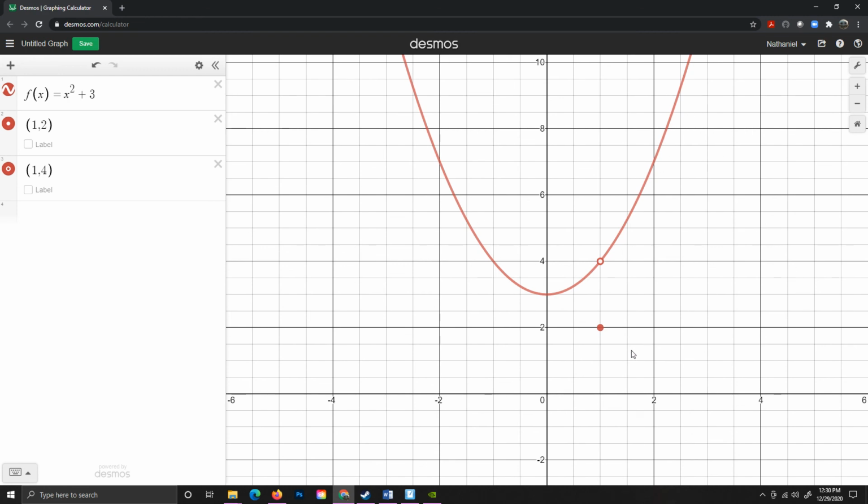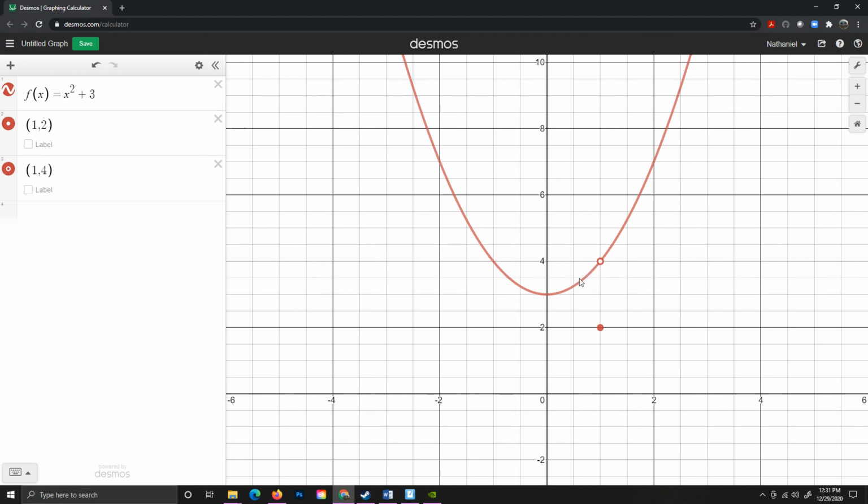Now, does this limit actually exist even though the point is down here? Well, if I follow this in from the left-hand side, it tends to look like 4. And as I follow it in from the right-hand side, it tends to look like 4. Now, there are a lot of algebraic things that we could do to come up with this, but this one says just use the graph to estimate.